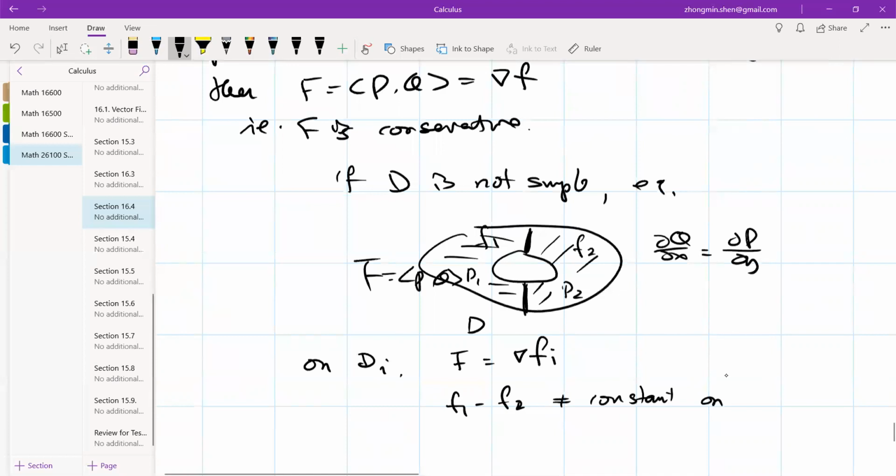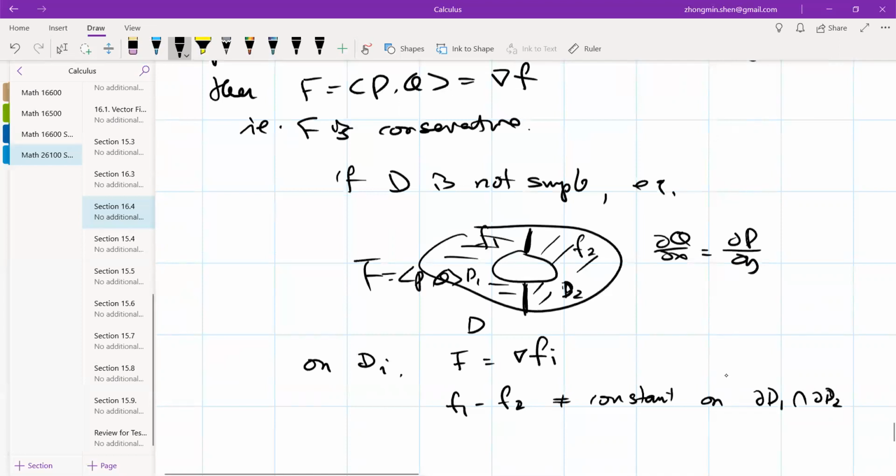The common boundary is the intersection of these two. So you cannot glue them together to form a single function f. F is conservative on the left, and F is conservative on the right side, but F is not conservative on the whole domain D if D is not simple.